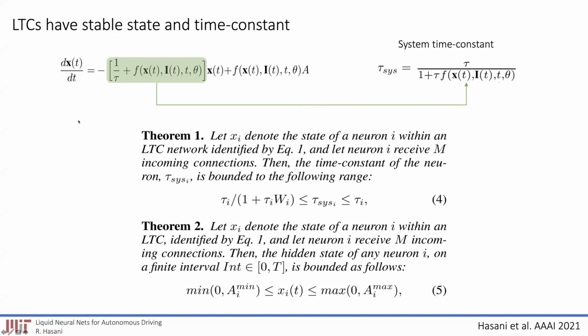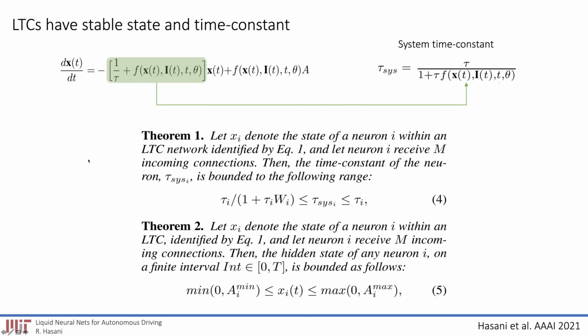The time constant of the system basically ensures the stability of the system if it's bounded. The state of the system is also bounded, because the differential equation is what we call a bilinear approximation of a linear system. And these types of systems are proven to have bounds if you ensure some of the properties of this network.